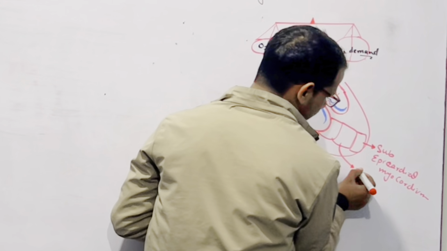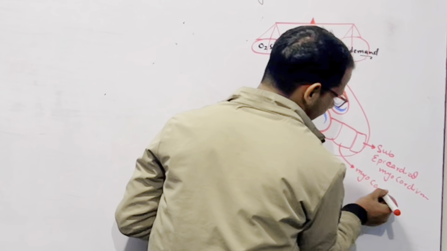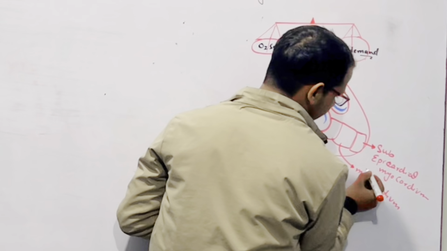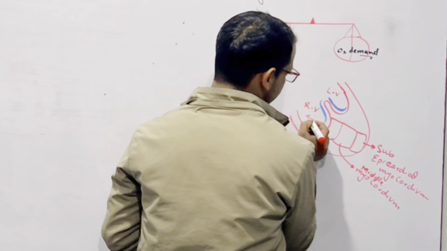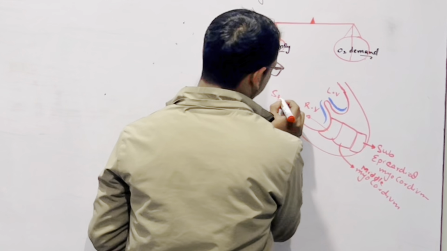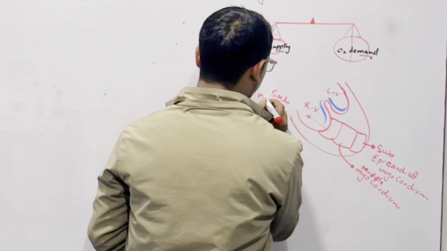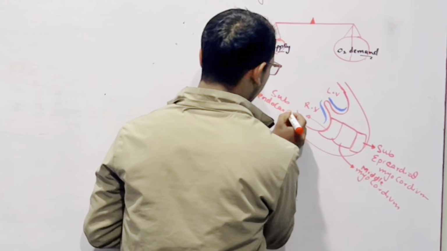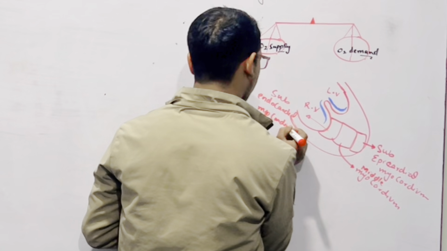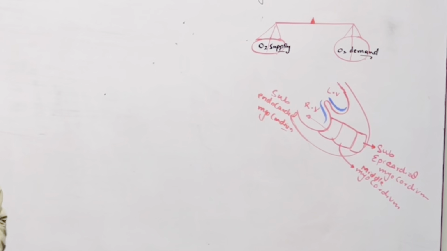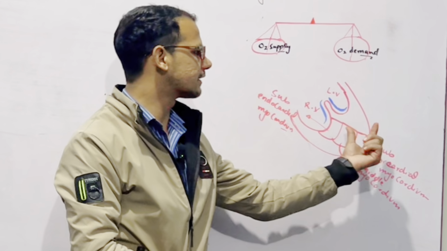This is called the middle myocardium, and this is called the subendocardial myocardium. This is the general structure of the ventricle.